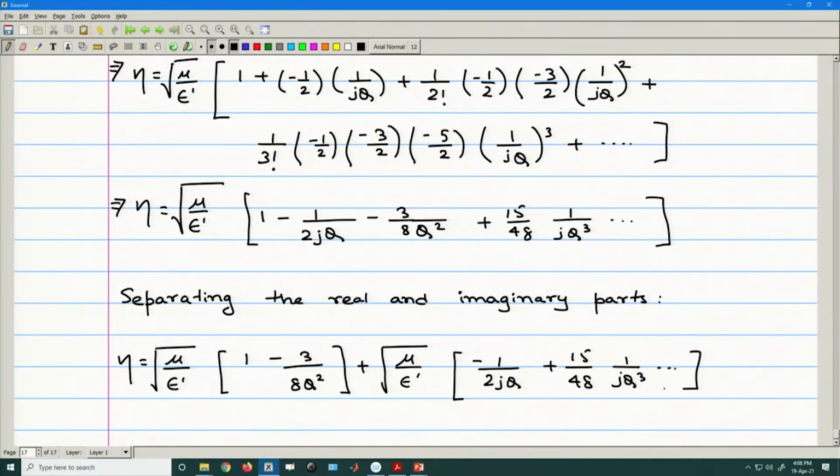So now we have separated the real part as well as the imaginary part.